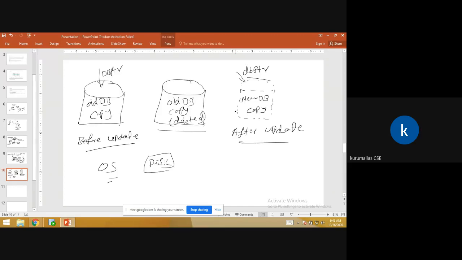When the system is crashed, the database system automatically recalls atomicity and durability, and the database is immediately preserved inside the system.